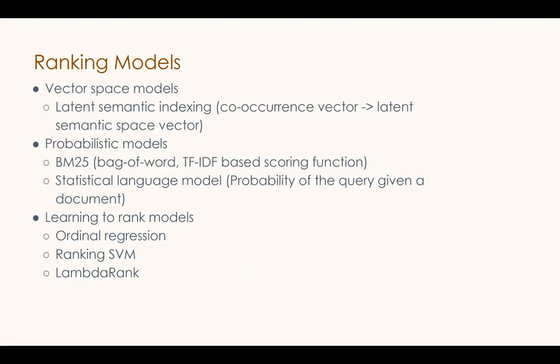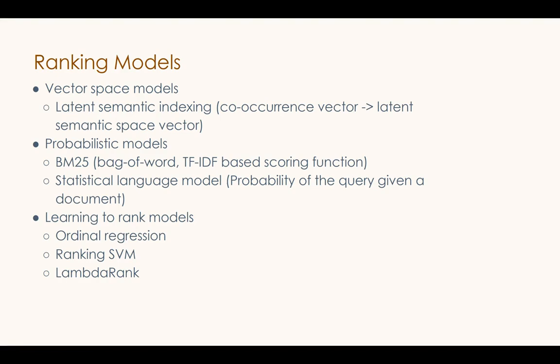Let's take a look at the ranking models. Generally speaking, the models can be divided into 3 categories. The first category is the vector space model.